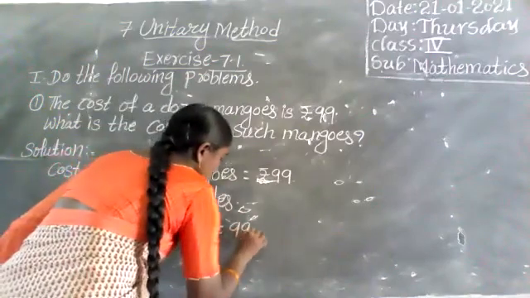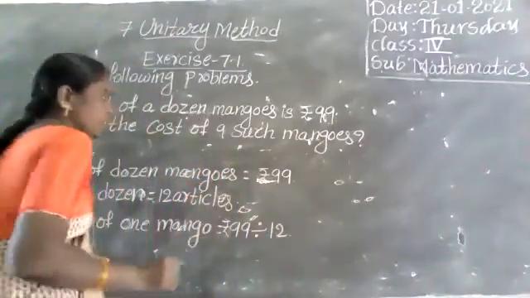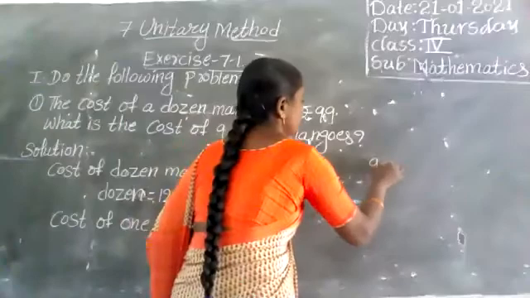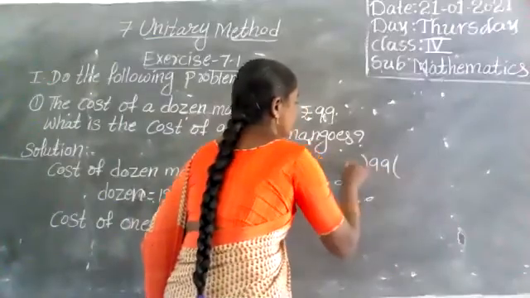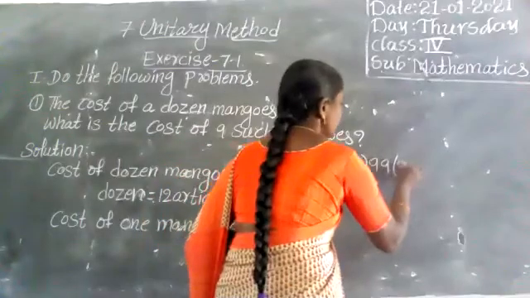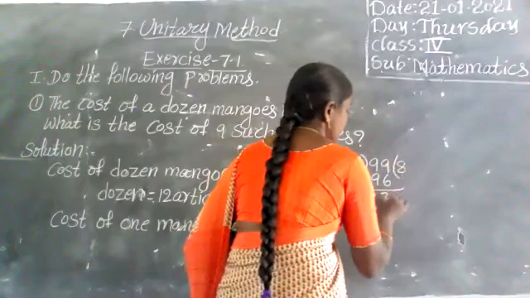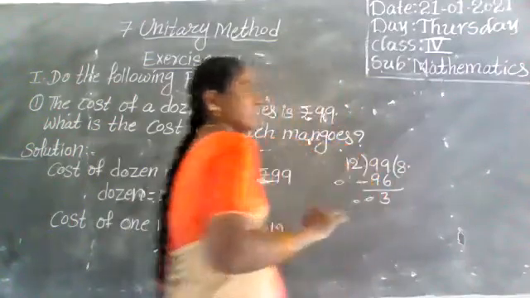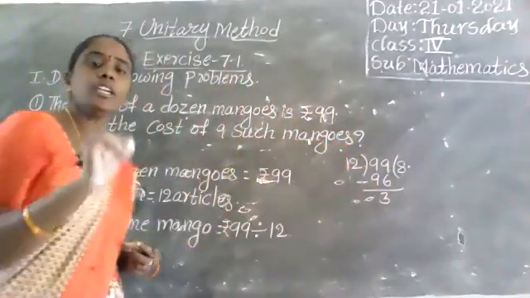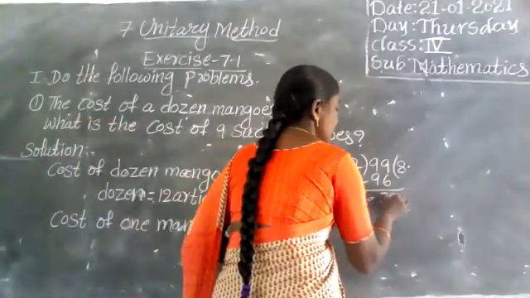99 divided by 12. 12 8s are 96. 9 minus 6 is 3. In the quotient place put a point, and in the dividend side write 0.